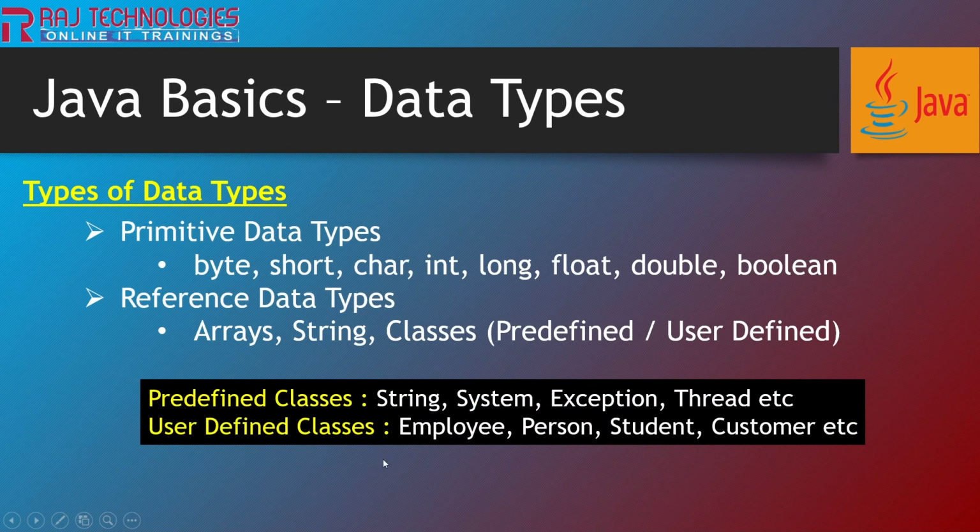Examples of predefined classes are String, System, Exception, Thread, like that. User defined classes are our own classes like Employee, Person, Student, Customer. More about reference types we'll discuss when we come to the topics arrays and object-oriented programming.